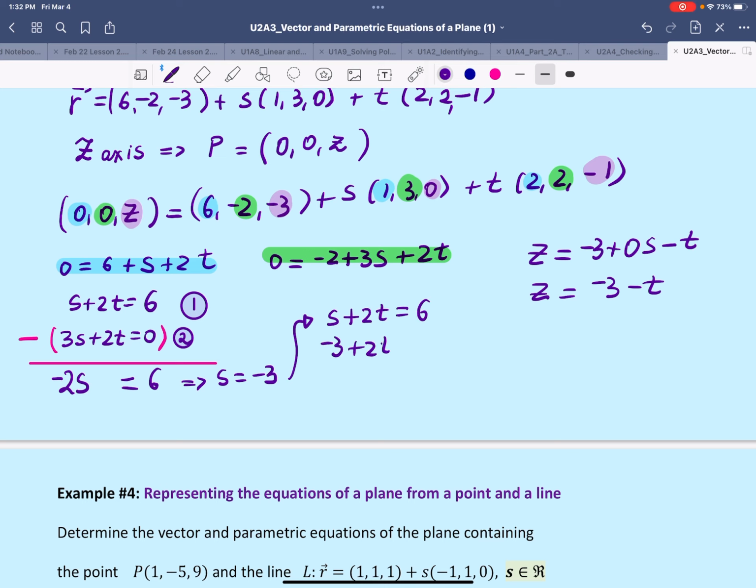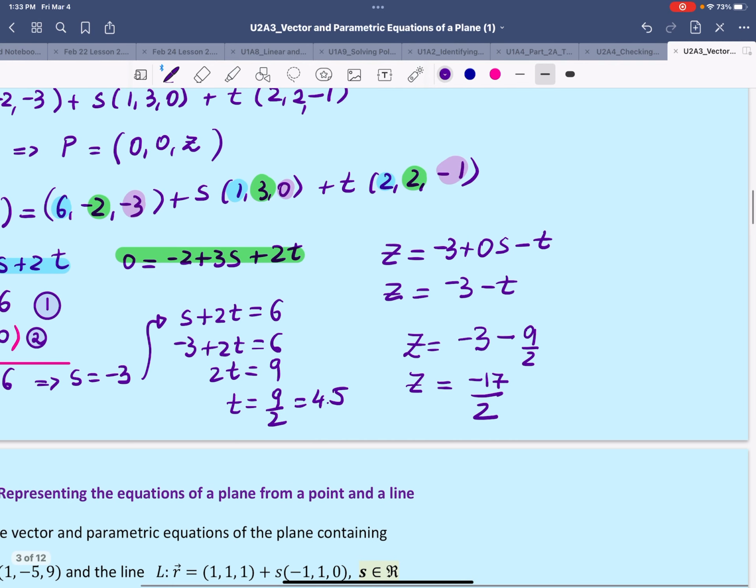Substitute. 2t equals 6 minus -3, which is 9, so t is 9 over 2, or 4.5, is just fine. So we're going to say that coordinate z is -3 minus 9 over 2, or -6 minus 9, -17 over 2.